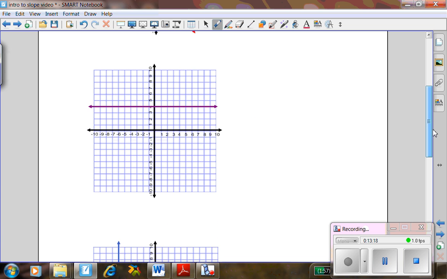Now, real quick, let's look at the horizontal line. You could take any point on here. It really doesn't make a difference. If I go to any one of these points, I'm not going to rise any. So that means my rise, forgive my writing, I have to use my mouse, my rise is going to be 0.